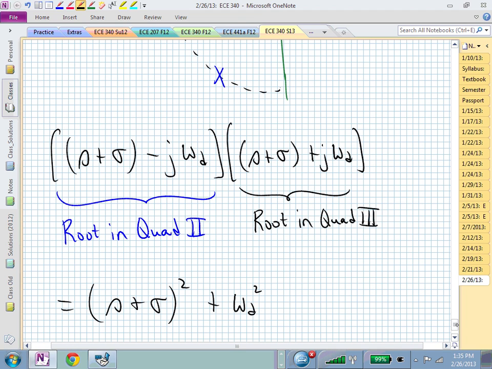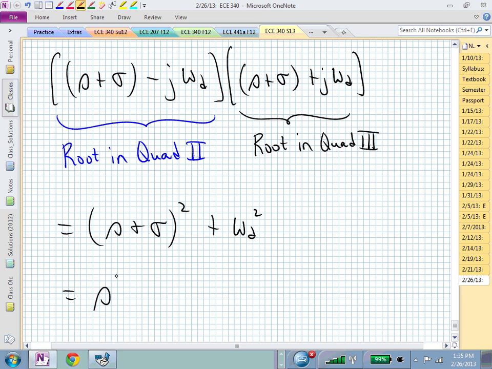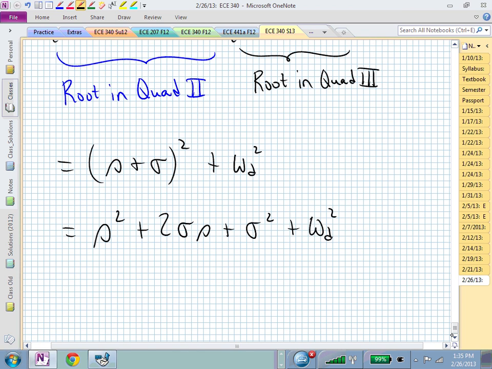Well, if we multiply this out, this is now s squared plus 2 sigma s plus sigma squared plus omega sub d squared. But that, we said, was the same as this other factorization, which was s squared plus 2 zeta omega sub n s plus omega sub n squared.